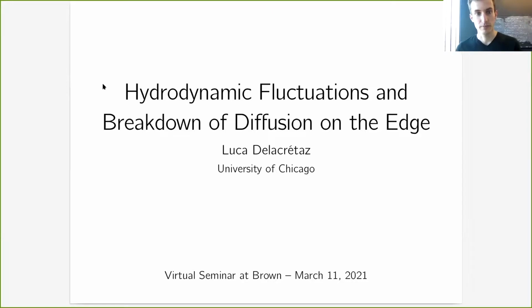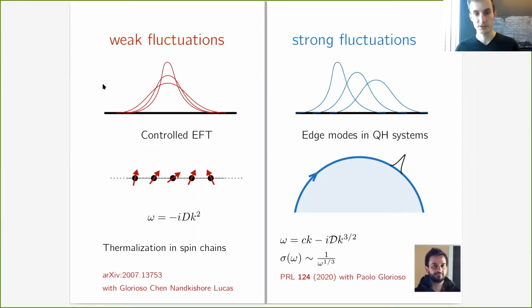So yeah, this talk will be about hydrodynamic fluctuations. Before I tell you what these things are, let me give you an overview of what I'll say so that you have an idea of the plan. As I'll explain, hydrodynamic fluctuations can be weak or strong, depending on the situation.